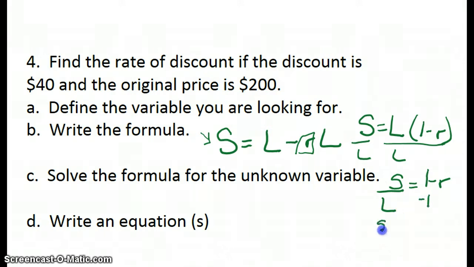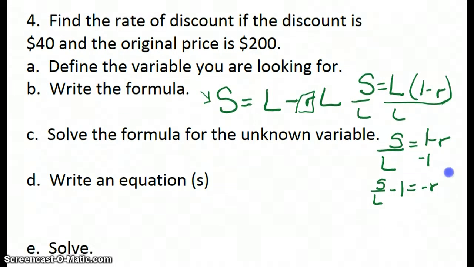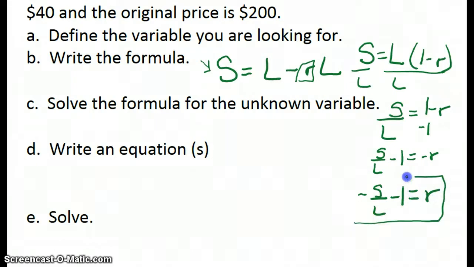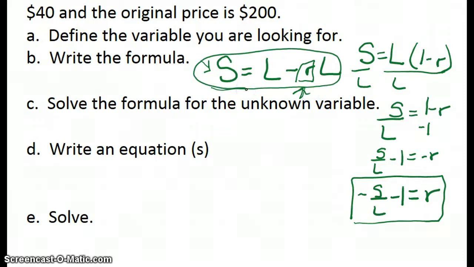Subtract 1, I'd get S over L minus 1 equals negative R. Oh goodness, and then I have to take the opposite of every part. So I get minus S over L minus 1 equals R. If you understand that, that's going to help you solve for rate. But it's really okay if you just take it from this point. I'm okay on these ones if you just take it from here.